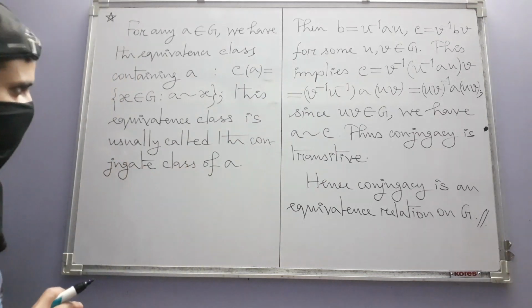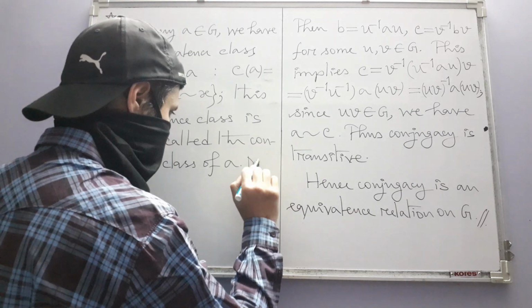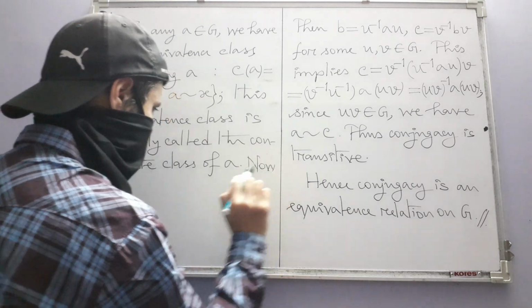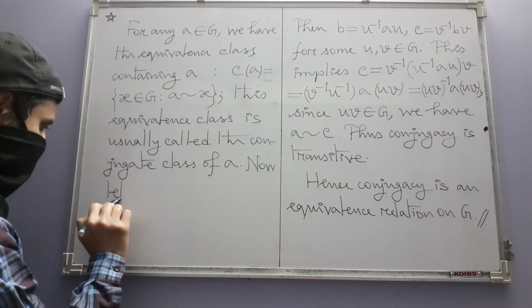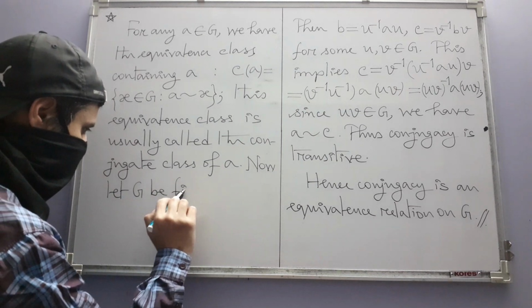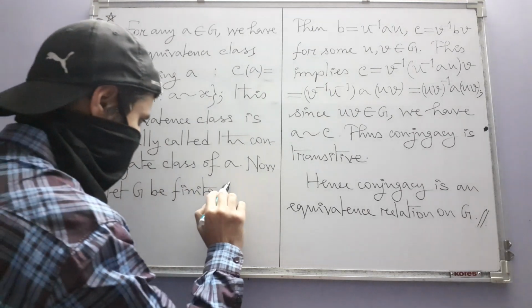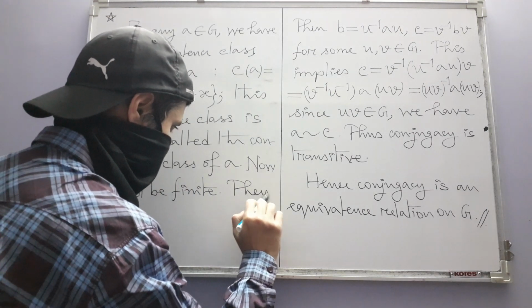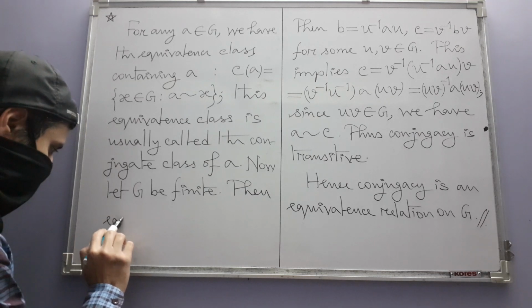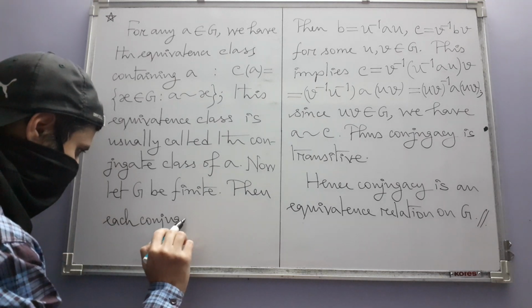Okay, so now let us consider that the group is finite. Now let G be finite. Then each conjugate class is also finite.